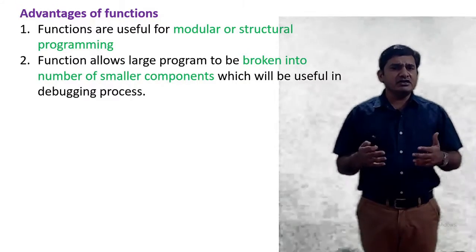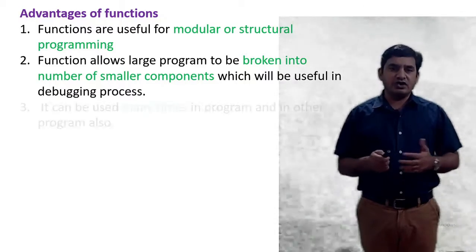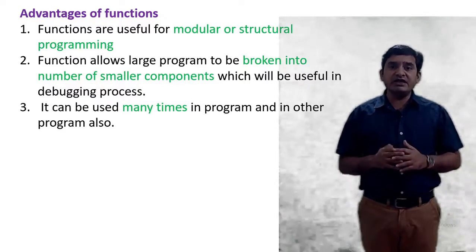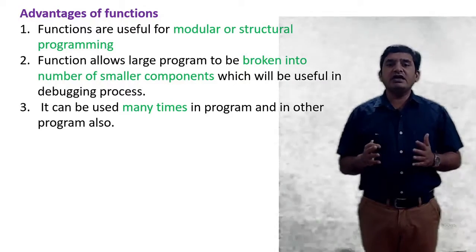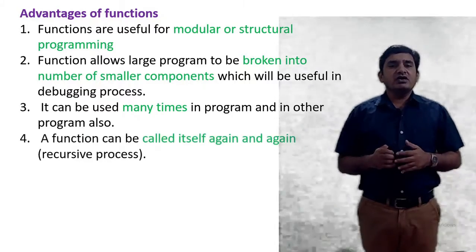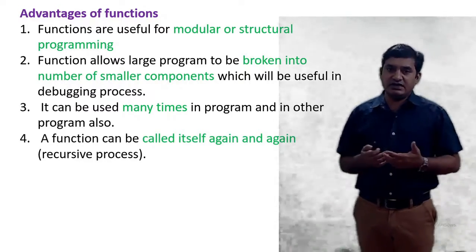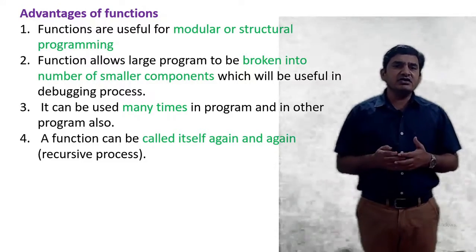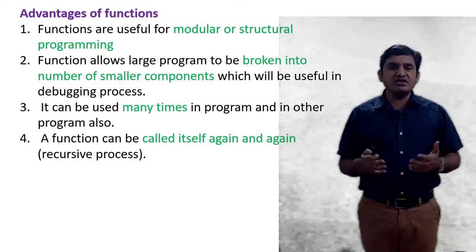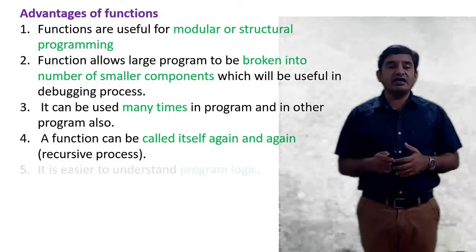Debugging means the process of finding errors in the program. Then it can be used many times in a program and in other programs also. A function can call itself again and again. So it is a recursive process.